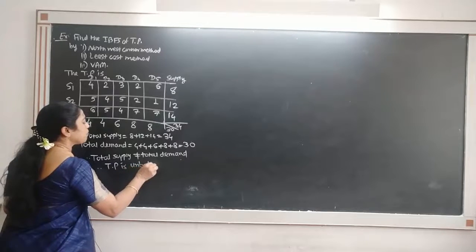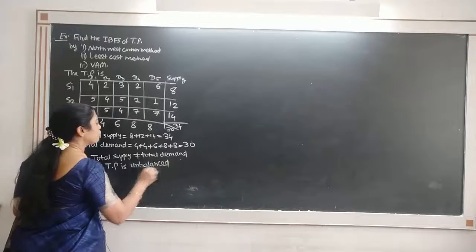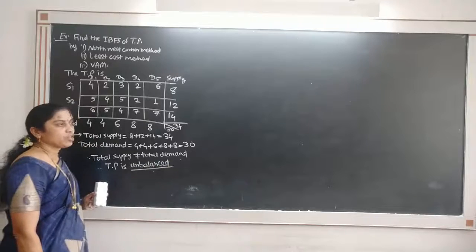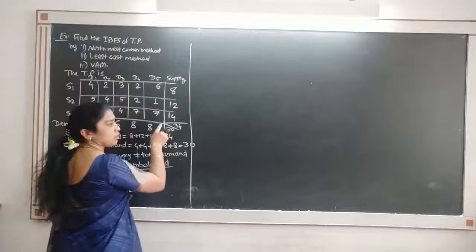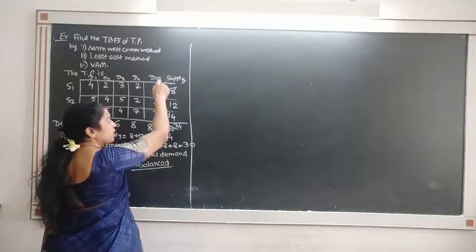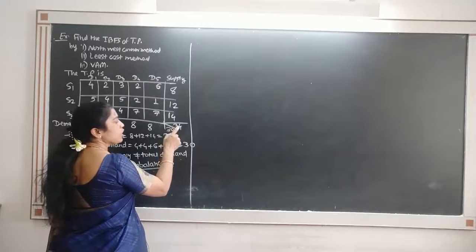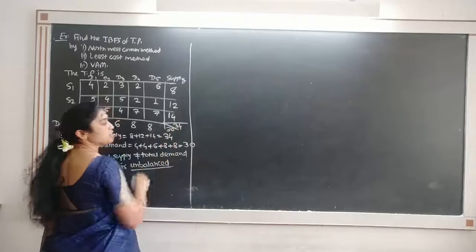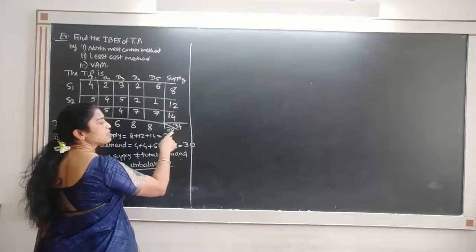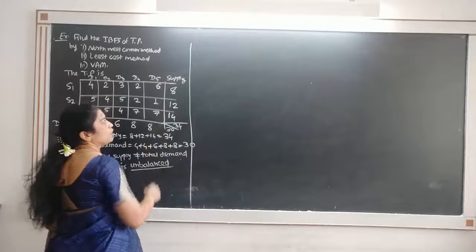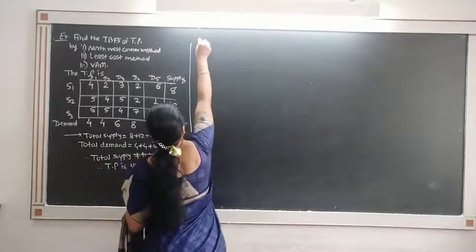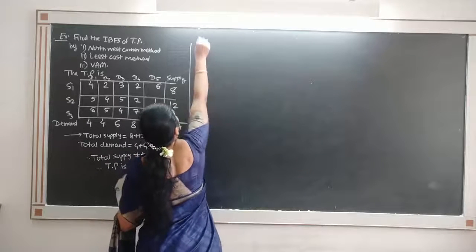If it is unbalanced, firstly you have to balance it. That is, you have to add a dummy column having demand equal to that amount by which supply exceeds demand. Supply exceeds demand by 4, so we will add a dummy column with demand 4.